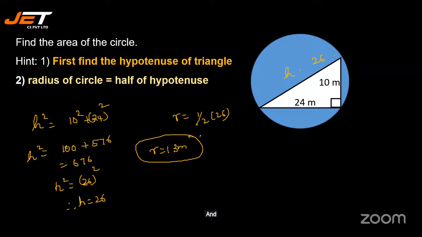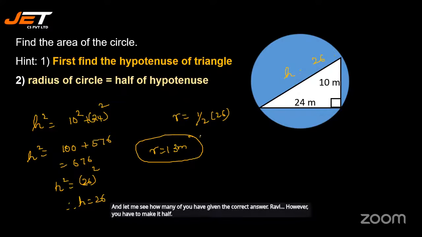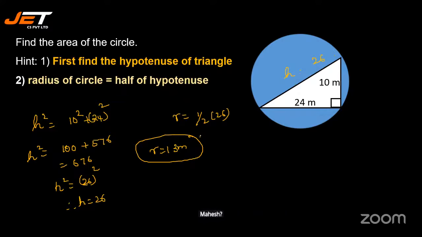And let me see how many of you have given the correct answer. Ravi, you have to make it half. Mahesh, Samana, Rishita, Vinesh, Naveen Ganarappu. Okay. And how about here? Prerana, Lakshmi, Prasanna, Rishvit, Bhavya, Sheikh Irfan. My God, many have given me the correct answer.